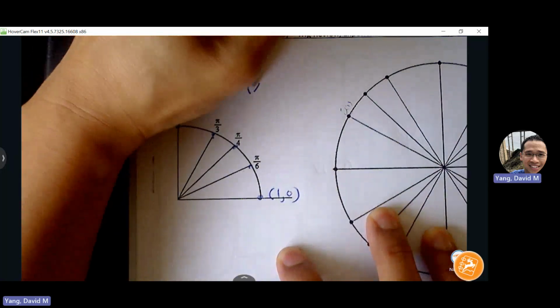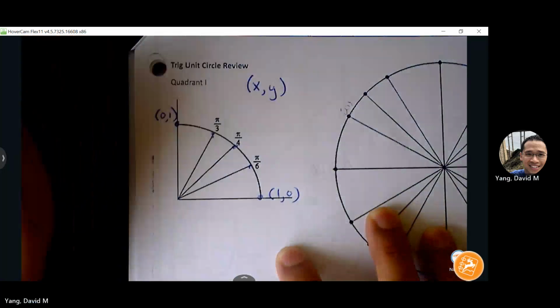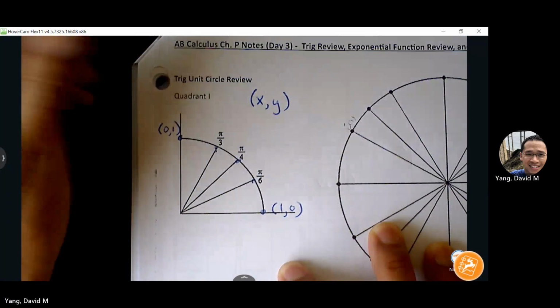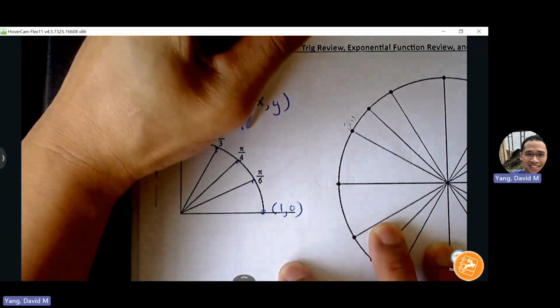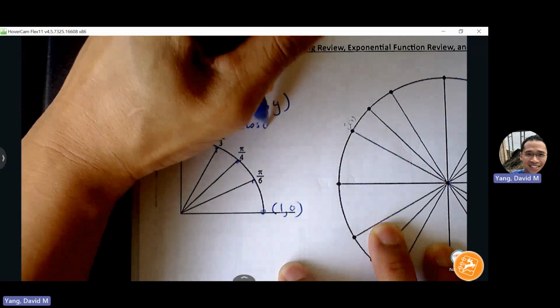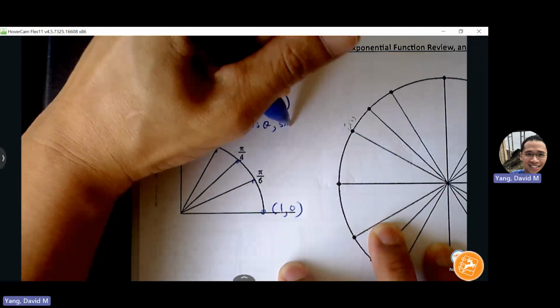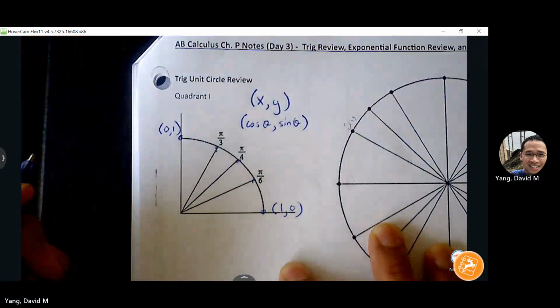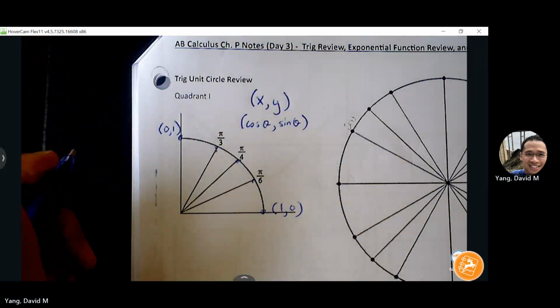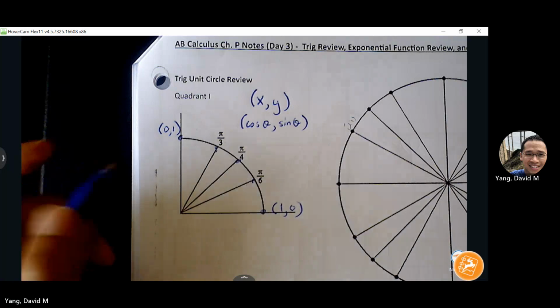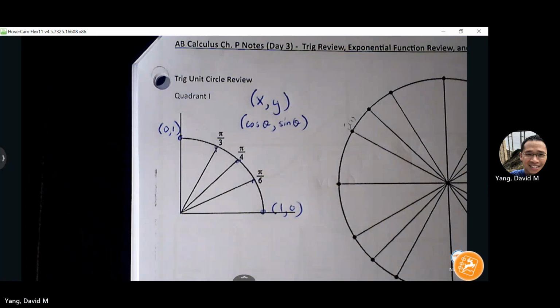And understand that x is going to represent your cosine, and y is going to represent your sine. So pi over 3, pi over 4, and pi over 6.